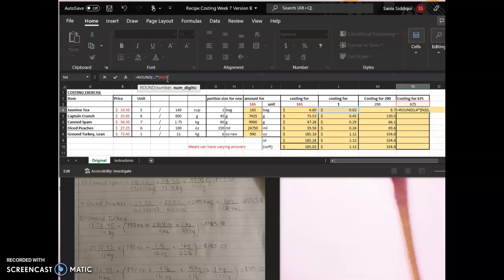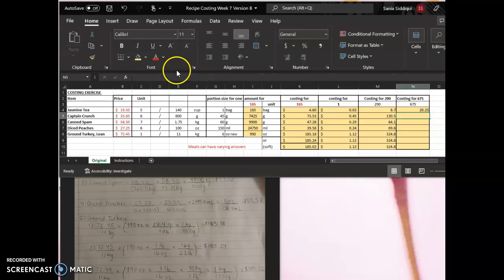After the formula, we're going to put comma 2, close bracket, hit enter, and we got $20.25. And last but not least, we're just going to drag it down. And that's it. We have now recipe costed for all 5 items.